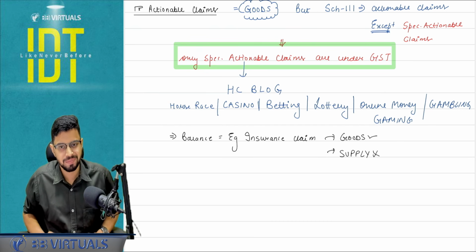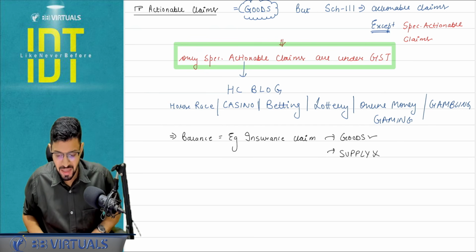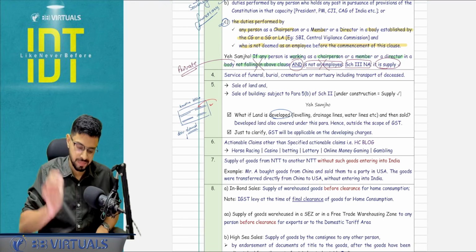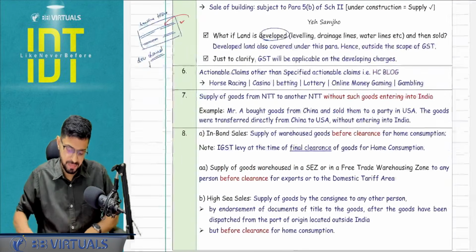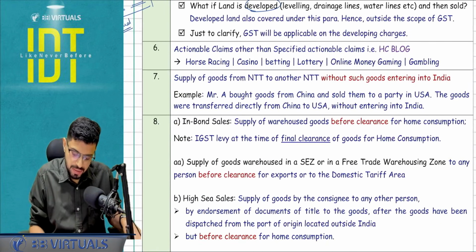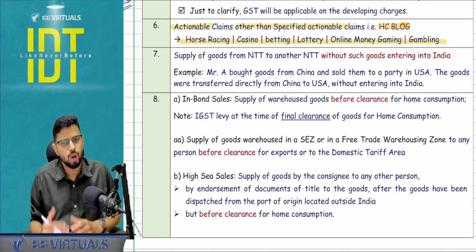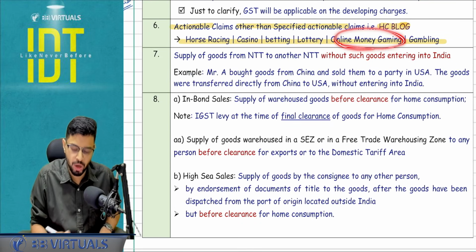Hope this is clear. So actionable claims, other than specified actionable claims, that is High Court blog. A lot more analysis will come, especially for online money gaming.